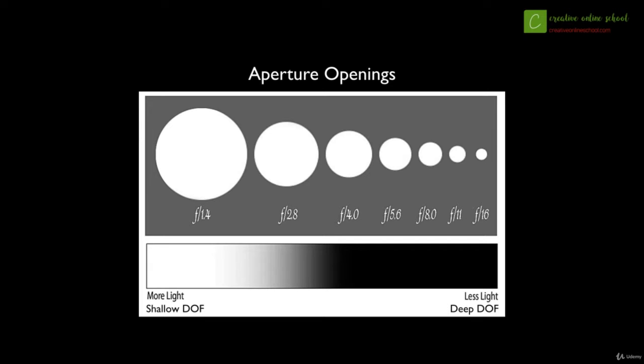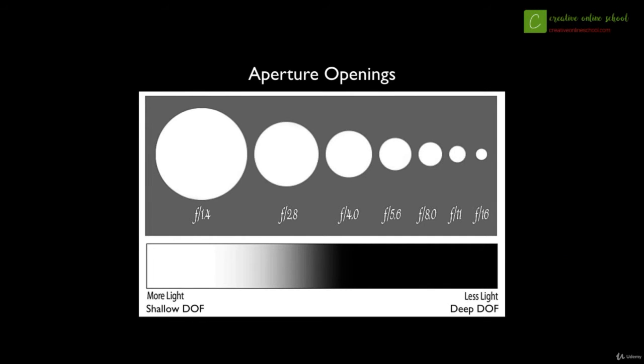Now the aperture numbers might seem a little backwards at first. The smaller aperture number, like f1.4, the furthest aperture opening on the left here, is actually the large aperture opening. The larger aperture number, like f16 all the way to the right, is actually the smaller aperture opening.